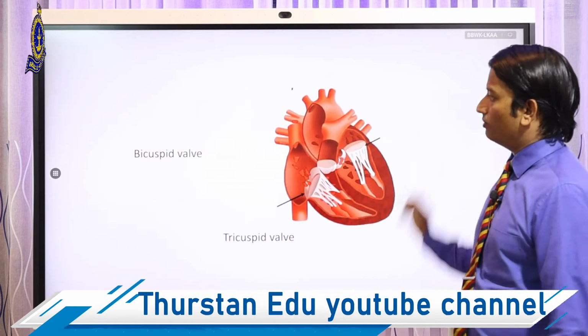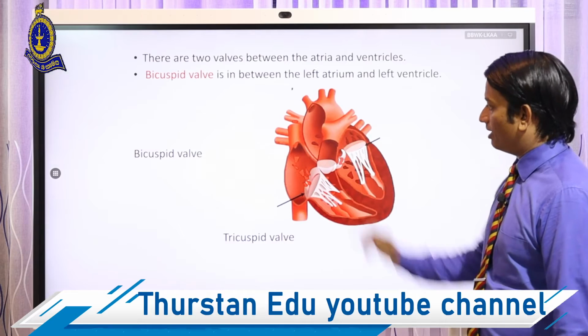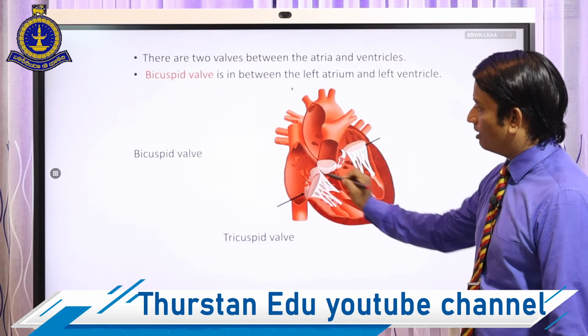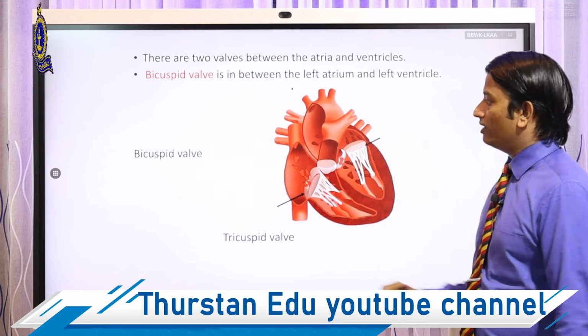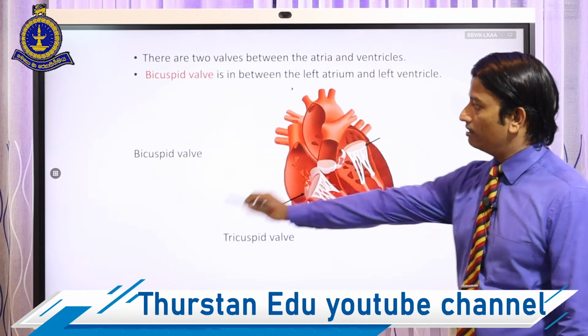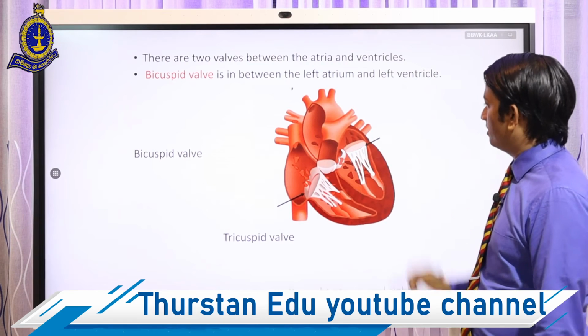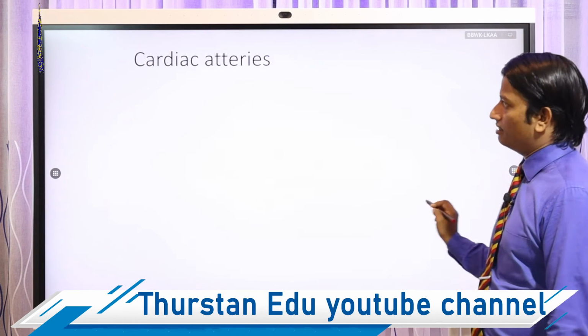I told you there are 2 valves between them. They separate these atria and ventricles. Those are called the tricuspid valve on the right side and the bicuspid valve on the left side.